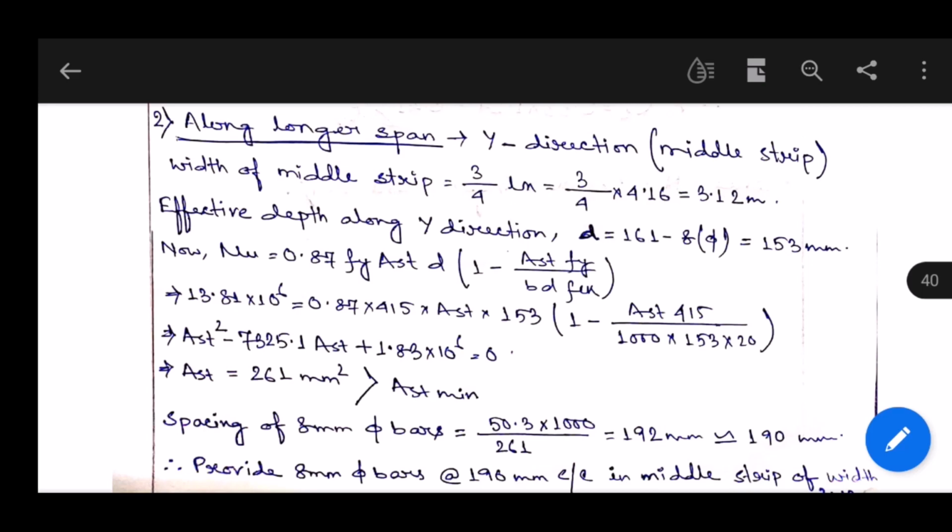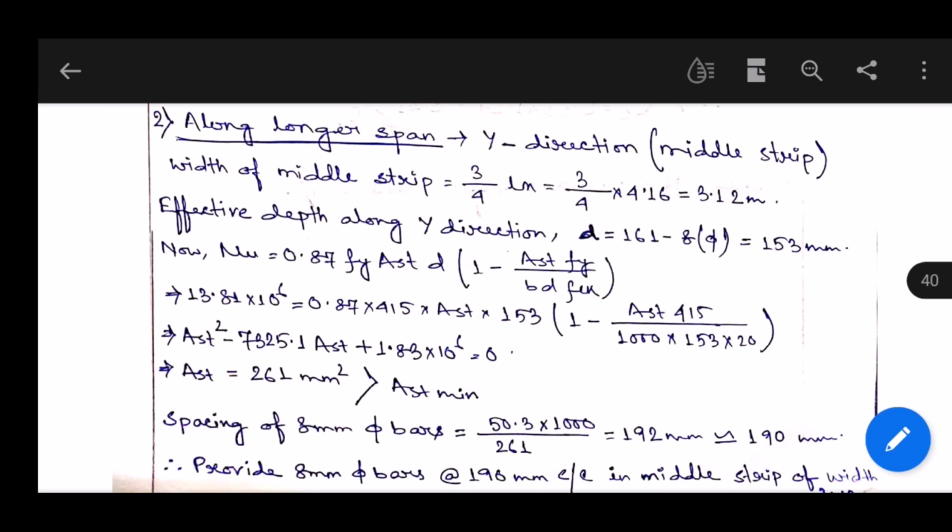Mu is 13.81 into 10 to the power 6, that is equal to 0.87 into 415 into AST into 153, within bracket 1 minus AST into 415 over 1000 into 153 into 20. So all these values are known, only AST unknown, and Mu is calculated earlier in this solution.